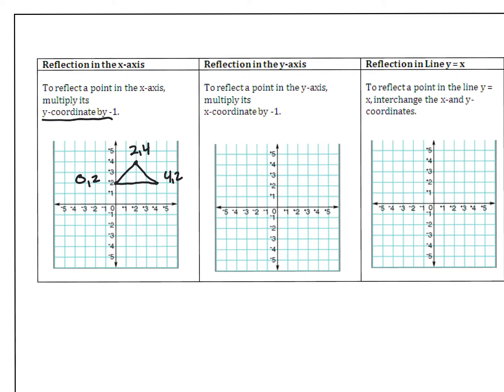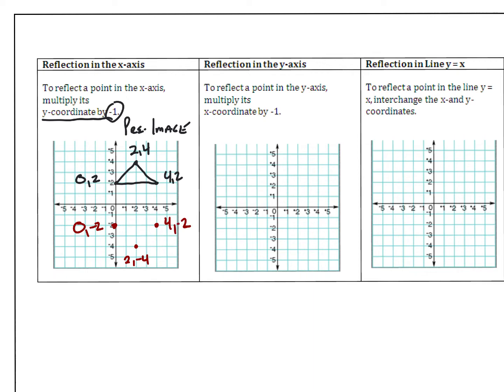So if I'm going to reflect that, I'm going to multiply all my y-coordinates by -1. So this would be my pre-image. Then my image, I'm going to multiply all those by -1. So this becomes (0, -2), (2, -4), (4, -2).